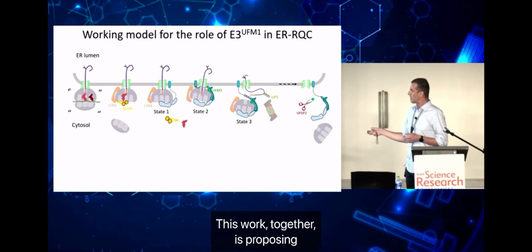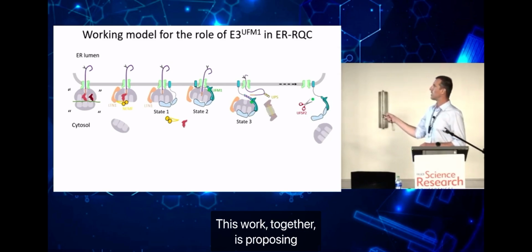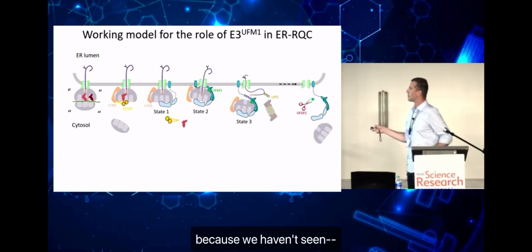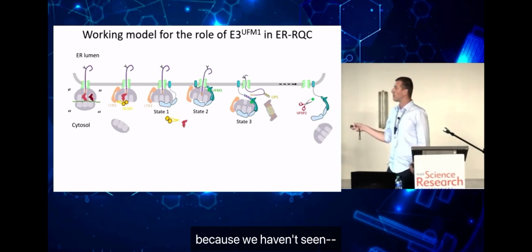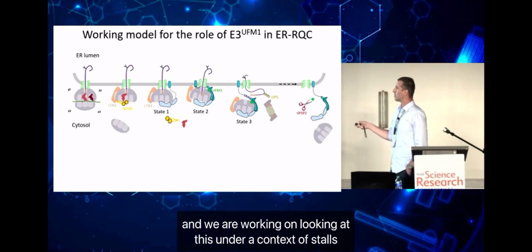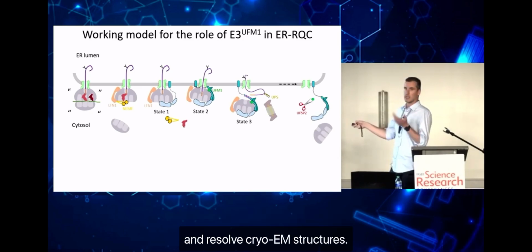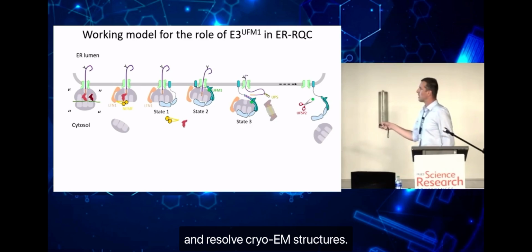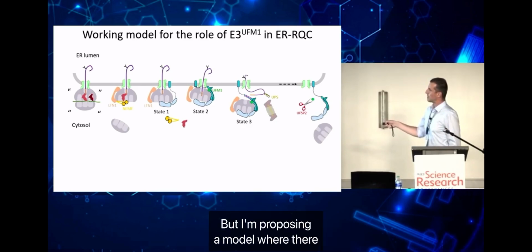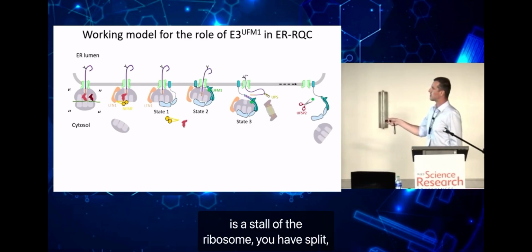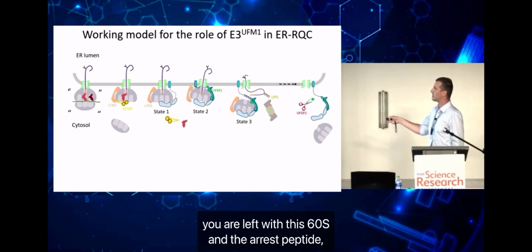Taken together, this work proposes a model, which is still speculative because we haven't yet looked at this in the context of stalls with resolved cryo-EM structures, and we are working on that. I'm proposing a model where there is a stall of the ribosome, it splits, and you are left with the 60S and the arrest peptide.